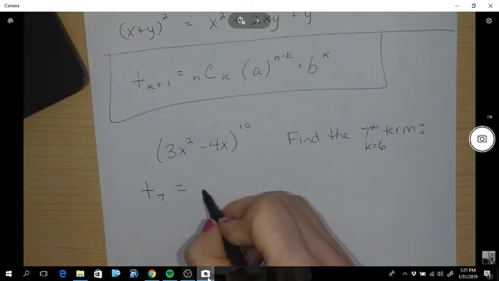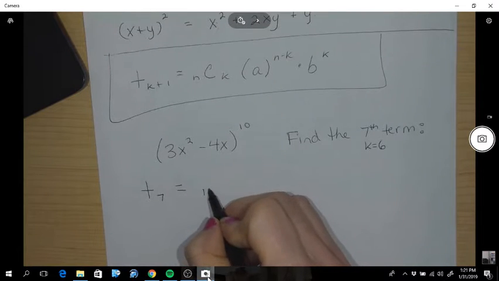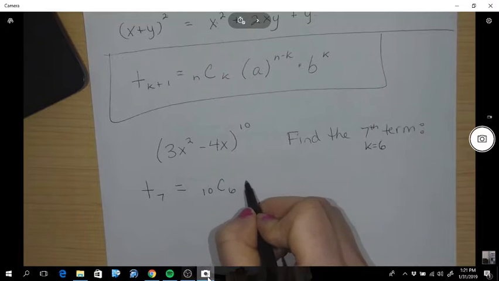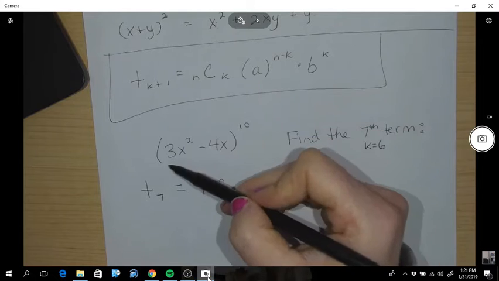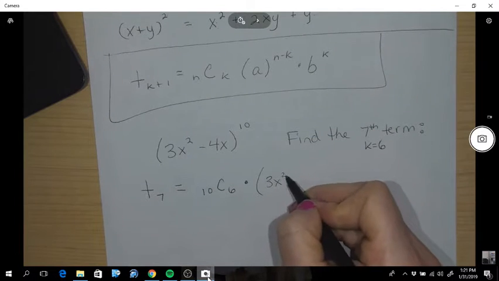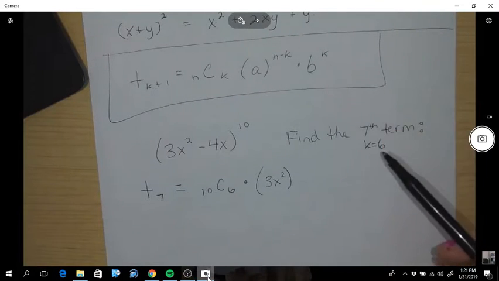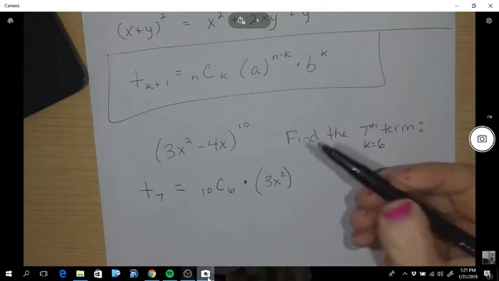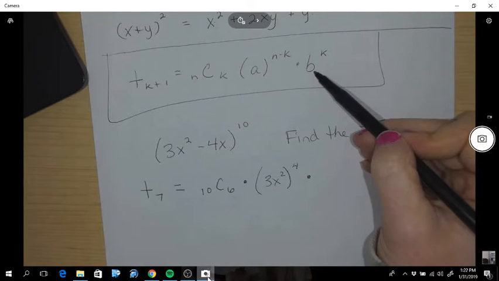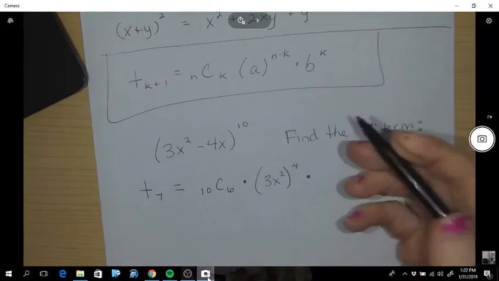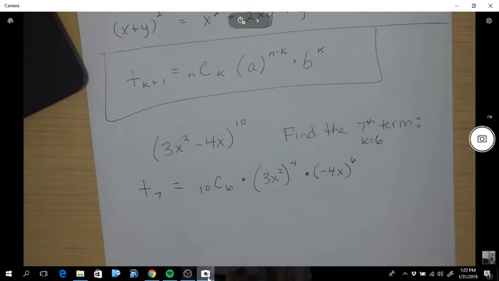So it's going to start. nCk is 10 choose 6, that's the coefficient, times a, representing the first term, so that's 3x squared, to the n minus k, so that would be 10 subtract 6, so that's 4, and then b is our second term, so that's negative 4x, to the power of k.